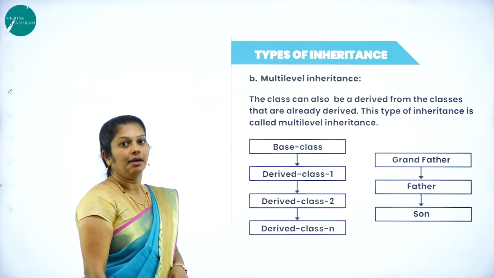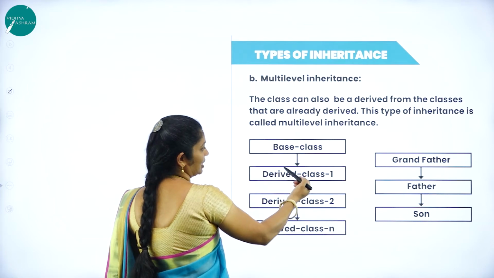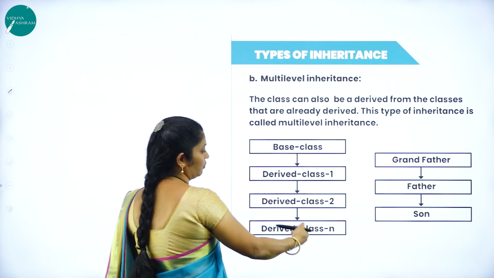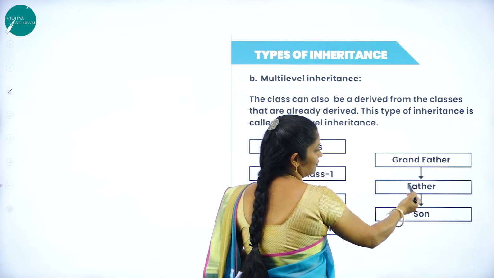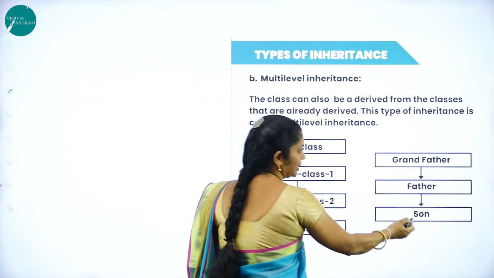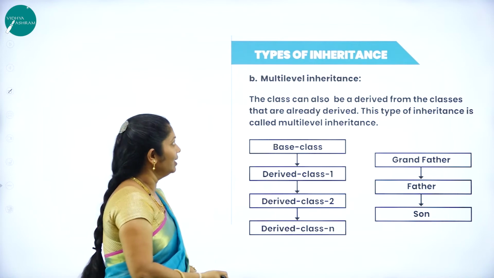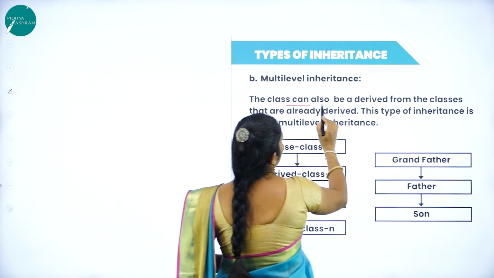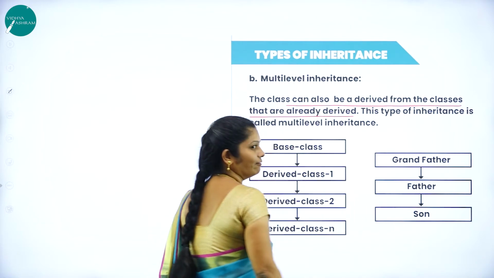And the next one, multi-level inheritance. Consider we have a base class, derived class 1, and from that one more derived class, derived class 2. Here, grandfather's properties are transferred to father, then father's properties are transferred to son. It means this son has the properties of grandfather as well as father. Multi-level means a class can also be derived from classes that are already derived.